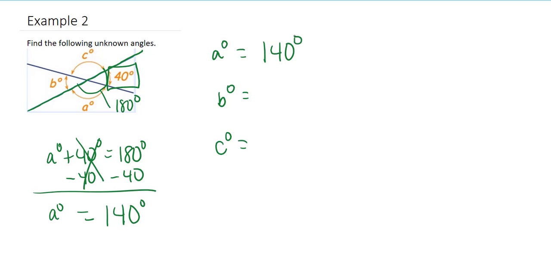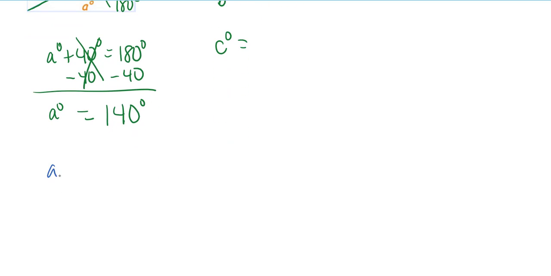Now let's solve for B. Notice B and A are on one straight line, so this whole straight line also forms 180. This means angle A plus angle B is equal to 180 degrees. But what do we know about A? Well, A is equal to 140.